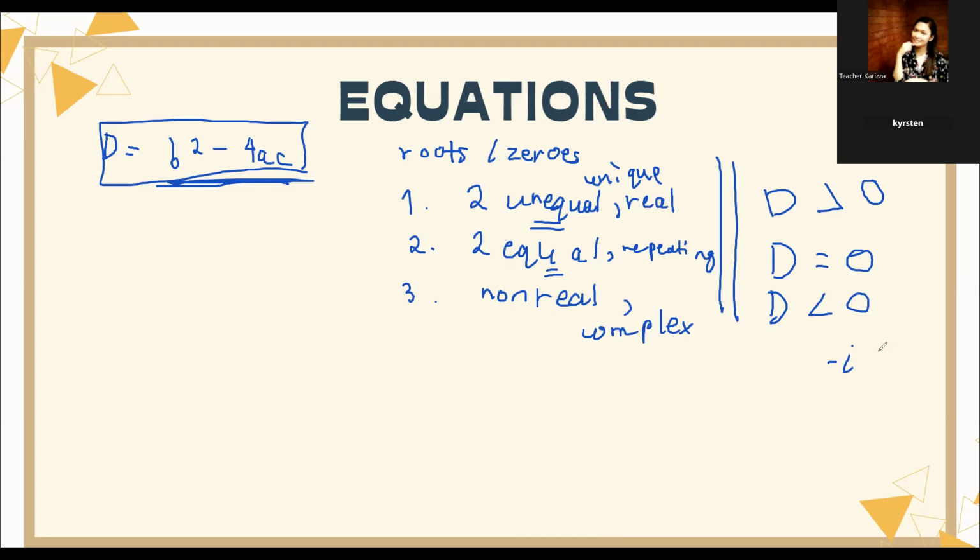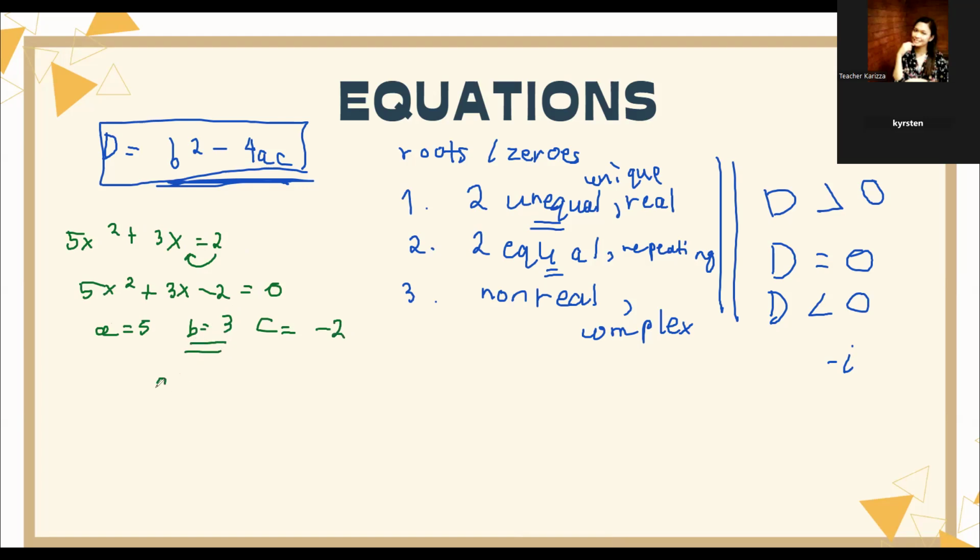So let's say, for example, you have 5x squared plus 3x is equal to 2. We just have to rewrite it first. So we have 5x squared plus 3x minus 2 is equal to 0, which means A is 5, B is 3, and C is equal to negative 2.